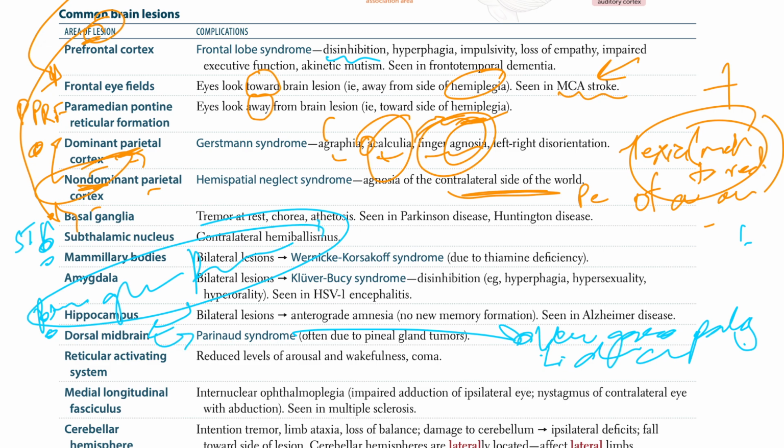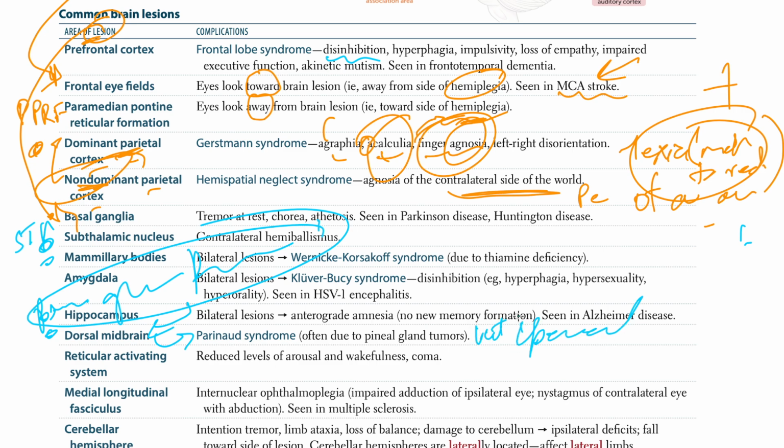With Parinaud syndrome, all you have is eye problems. You will see a limitation to the upward gaze with a downward gaze preference. Let me just write that one. So you will not be able to have an upward movement.